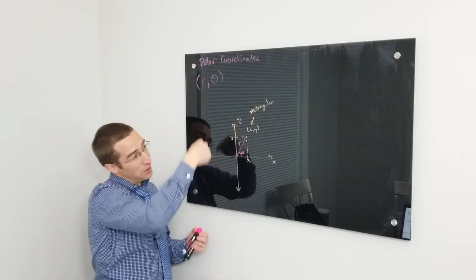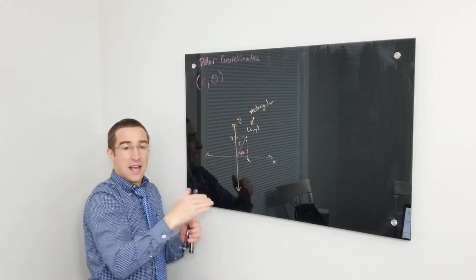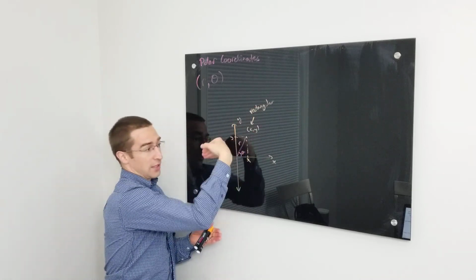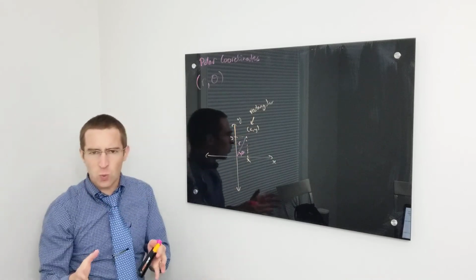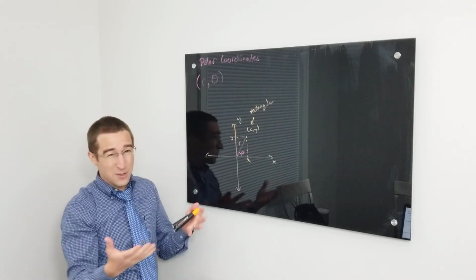So any point anywhere on the plane can be defined as its distance away from the origin, and then at what angle you have to go to get to that point. And so it's a different way of defining each point.